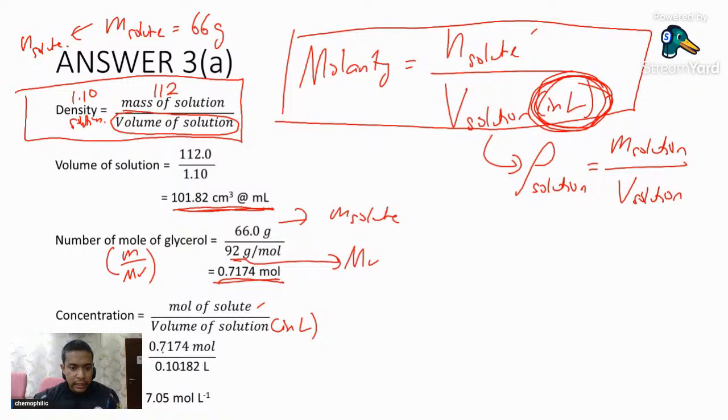The mole is 0.7174, and the volume is 101.82, so we convert 101.82 over 1000. Press your calculator, and the final answer you will get is 7.05 mole per liter, or you can just use 7.05 capital M, molar, also.